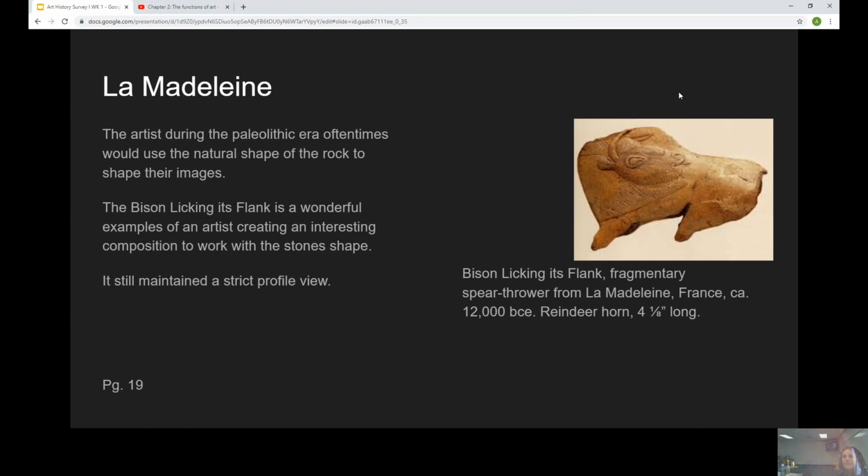So next is a small figure. It's another tusk-like object, a reindeer horn this time, of another bison. This one, however, is not in profile view. This is one of the few that are not in profile that we're going to be looking at.